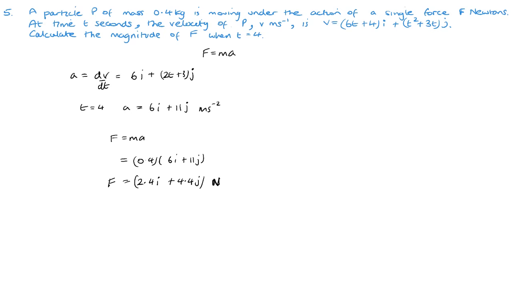Okay, the magnitude, obviously, if we want to find the actual magnitude of F, oh no, it is calculate the magnitude of F. Oh, so we need to go a little bit further, and we need to use Pythagoras. So 2.4 squared plus 4.4 squared is 628 over 25.